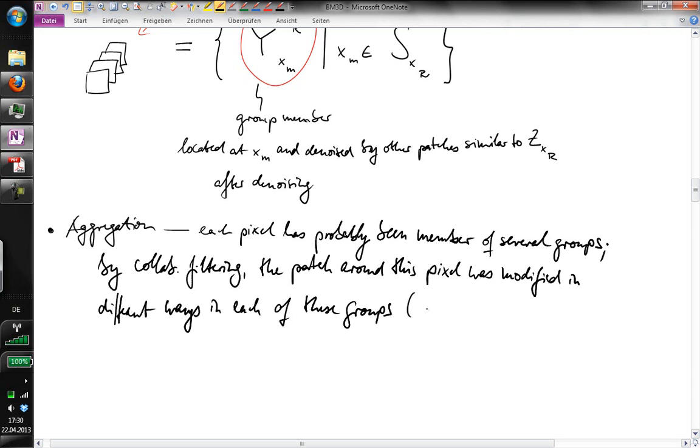You could also say that it has learned, if you want to use that big word, something different in each group.